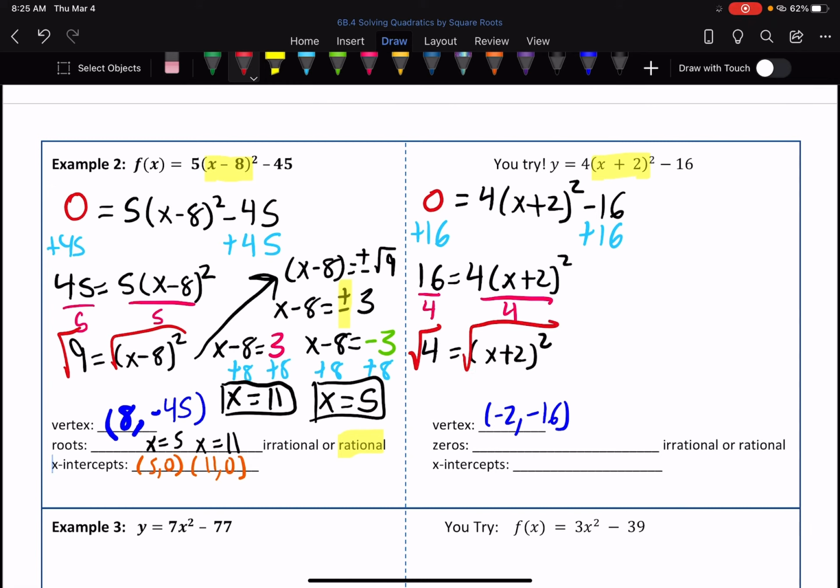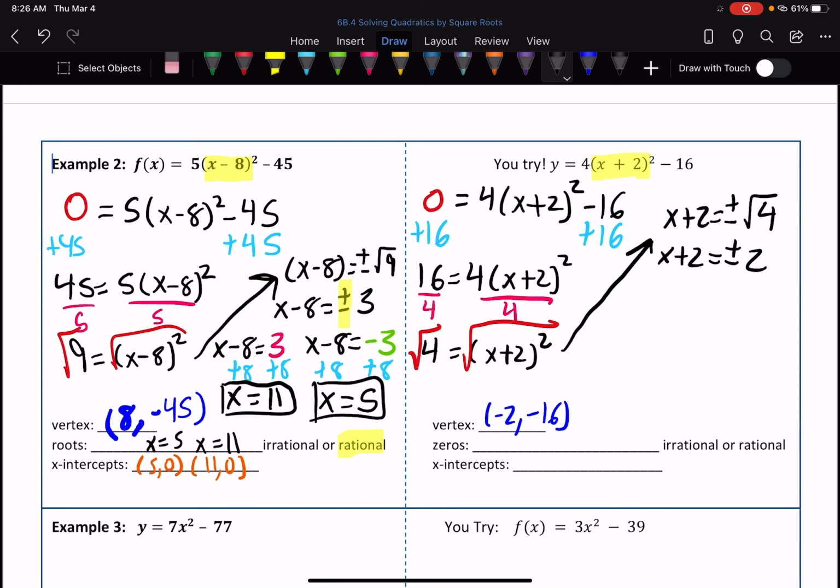So I'm going to take the square root of 4, and that's going to be equal to the square root of (x plus 2) squared. So if I rewrite that, I have x plus 2 equals plus or minus the square root of 4. So that when I take the square root, that square just comes off of that squared expression. So now I've got to break this up after I simplify the square root of 4. That simplifies to 2 because it's a perfect square. So I have x plus 2 equals plus or minus 2.